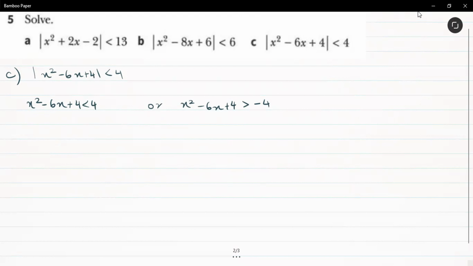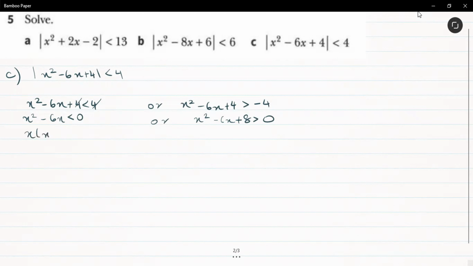Let's just continue this. So we are going to get x squared minus 6x plus 4, -4 is going to cancel, is lesser than 0, or x squared minus 6x plus 8 is greater than 0.